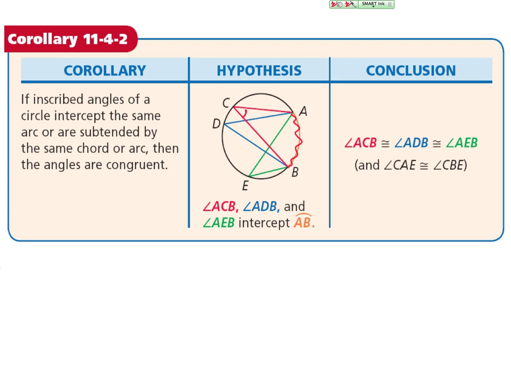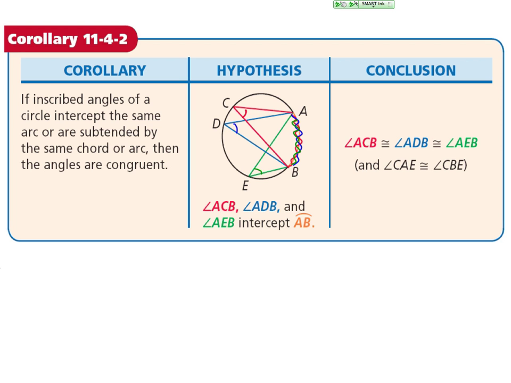Arc AB. Okay, now the blue one. Angle ADB. What arc is inside that angle? AB, the same one. And the green one, angle AEB. The arc inside there is AB also.